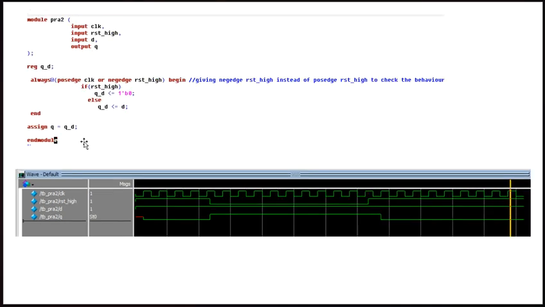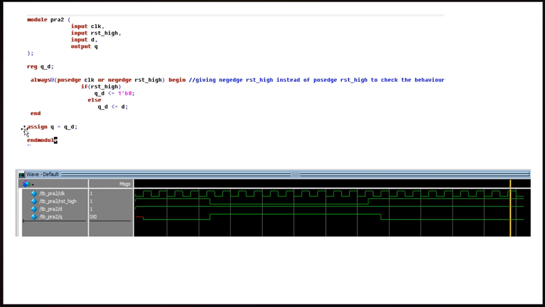The same goes for active high reset: we can't give negedge reset instead of posedge, because it can't work as asynchronous. It works the same as a synchronous reset. So we can't give negedge reset instead of posedge reset.